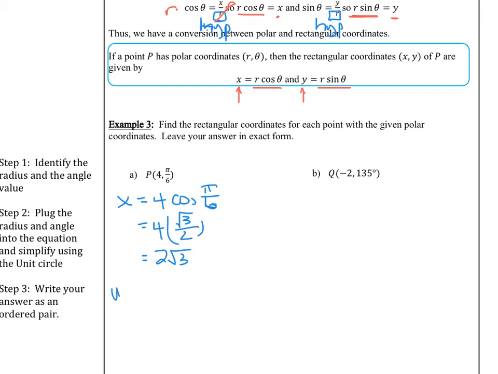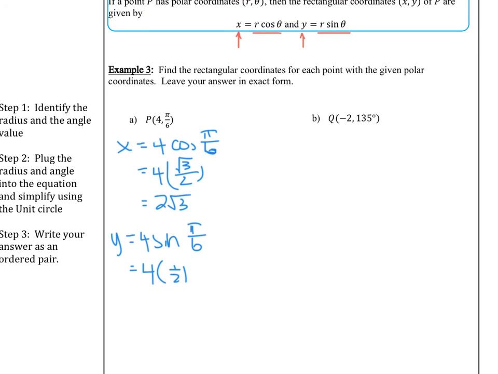We do the same process to get our y-coordinate. We're going to multiply 4 times the sine of pi over 6. Look at your unit circle, or hopefully it's burned into your brain, and you're going to multiply 4 times 1/2, and so we're going to get 2 for our y value.